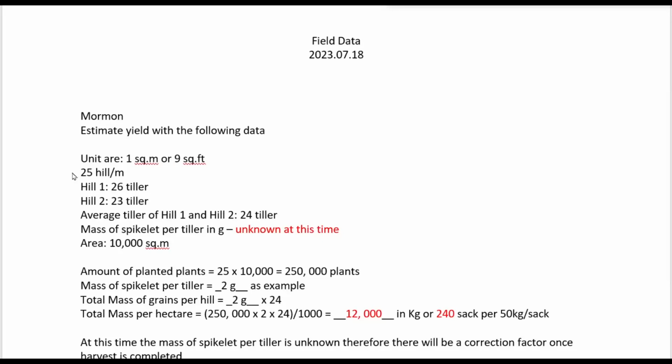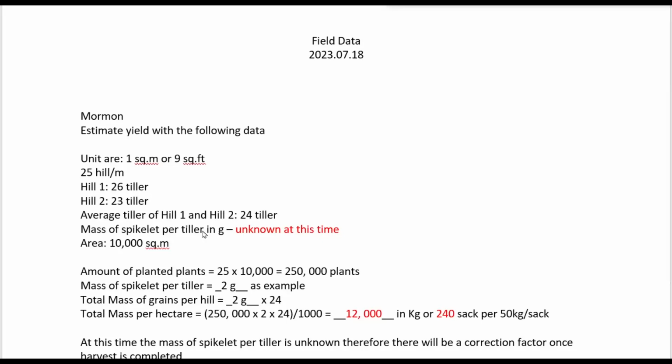There were 25 hills within the square meter. Hill 1 has 26 tillers, hill 2 has 23. So I averaged them down to 24 tillers.